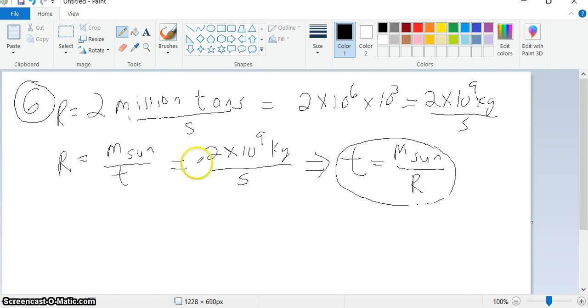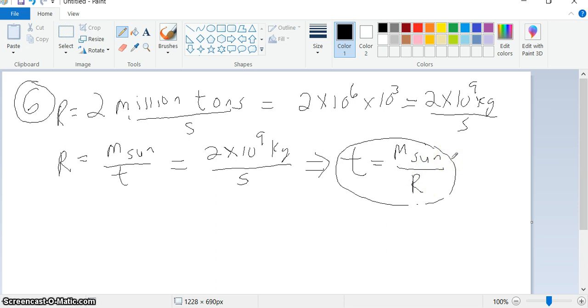So that's the rate. And the rate is equal to the mass of the sun divided by the time, and of course that's in seconds. Once you have that, you take this equation and rearrange it algebraically and solve for t, which is really simple. You just multiply both sides by t, divide both sides by r. Basically, the t and the r change places. So we know this is the r, 2 times 10 to the 9th kilograms per second, and that goes in the denominator. And of course, we have to look up the mass of the sun.